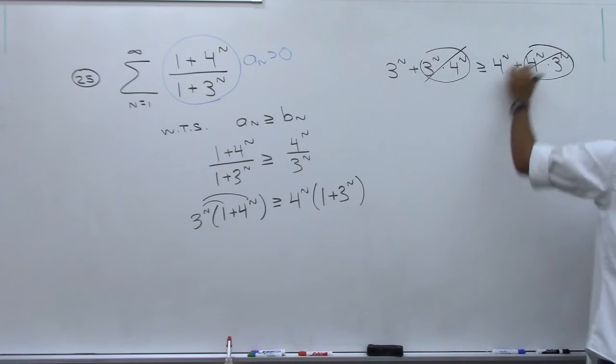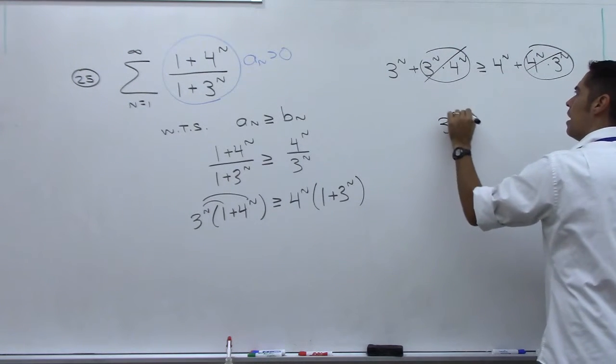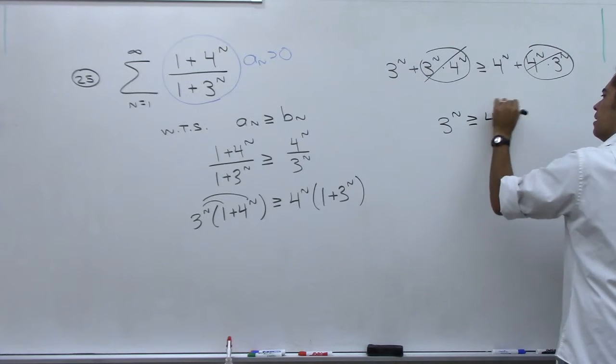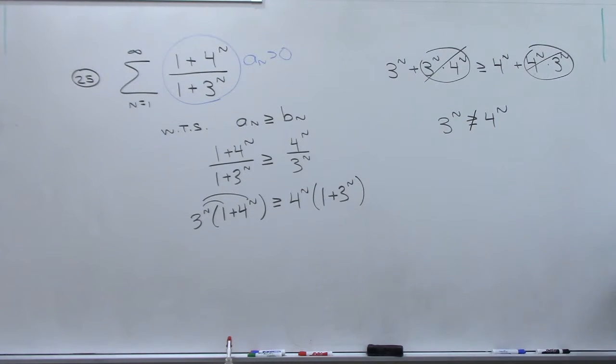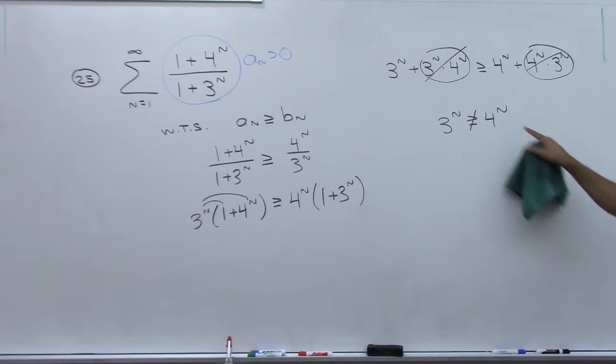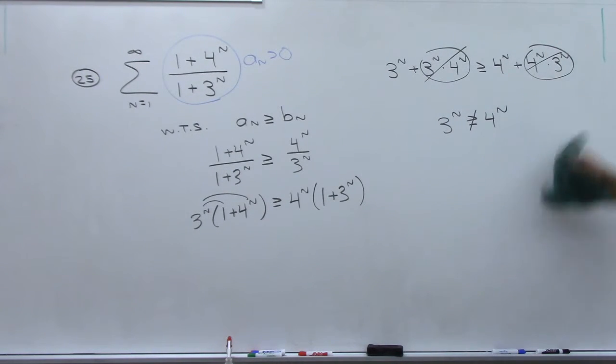These cancel, and then you get 3 to the n is greater than or equal to 4 to the n. And that is not true. 4 to the n is bigger than 3 to the n, as long as n is 1 or 2 or 3 or 4, which it is in this case. So that is not working, right? That's not working. So let me see if there's something else I can compare this to.